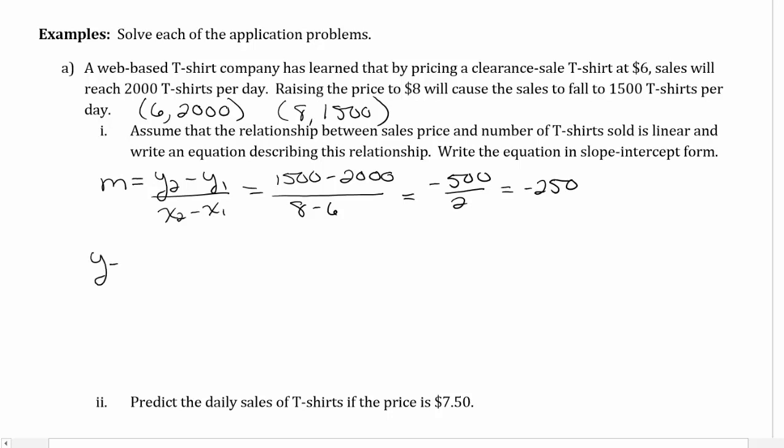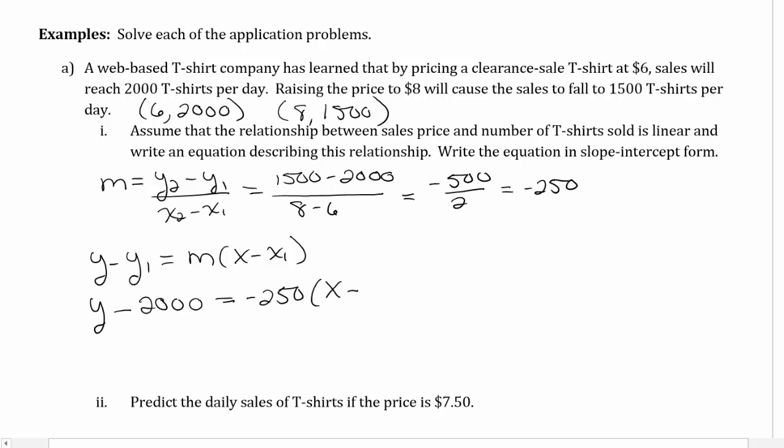And then plug into the point slope formula: y minus y1 equals m times the quantity x minus x1. So that would be y minus, and you could pick either of those 2 points. It doesn't matter. I'm going to use the point 6, 2,000. You could use the point 8, 1,500. We should come up with the same answer no matter which of those 2 points we pick. Alright, so y minus 2,000 equals our slope, negative 250, times the quantity x minus 6.